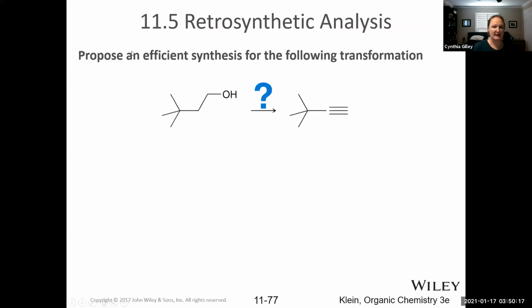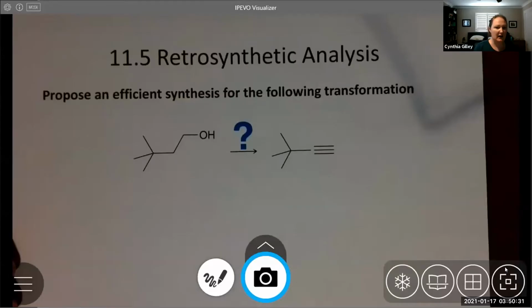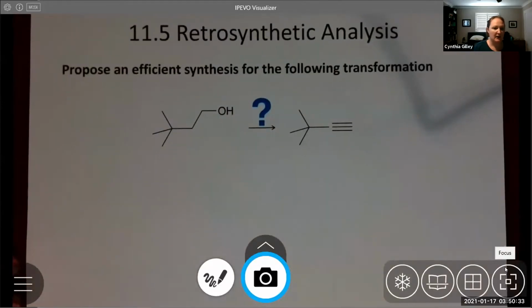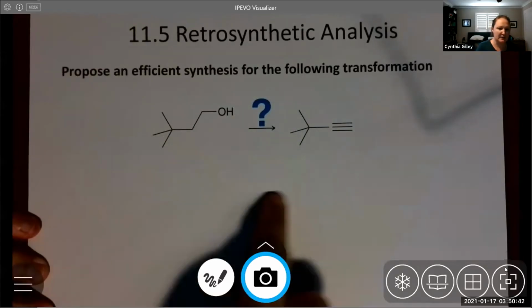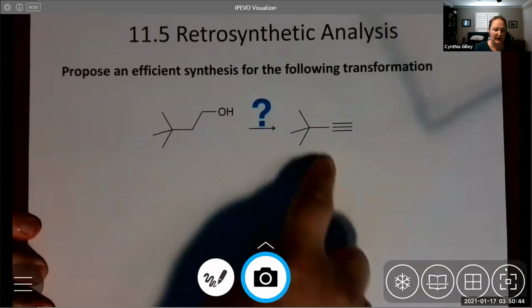We have one more practice problem to do, and then there's lots of practice in the review activity for you to work on after you start working on your reactions. Okay, so we are going to be working on the concept of retrosynthetic analysis, and we want to eventually come up with a multi-step pathway to get from this alcohol to this alkyne.